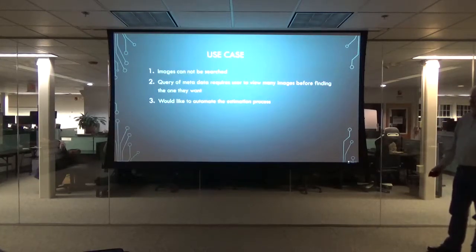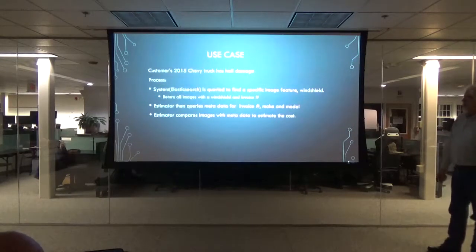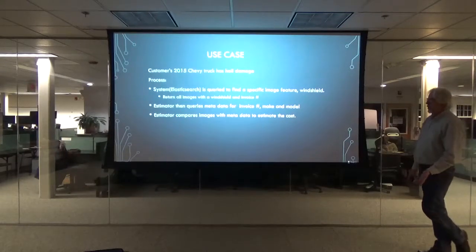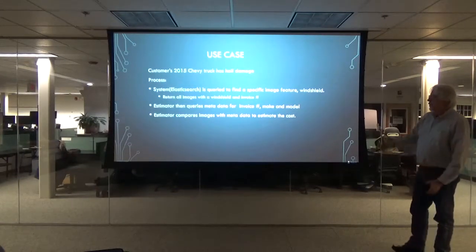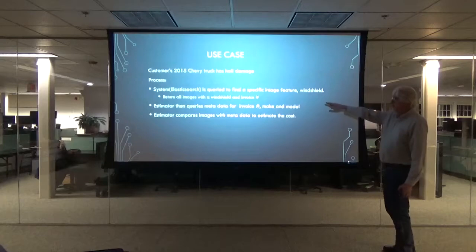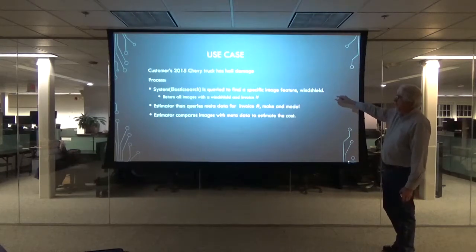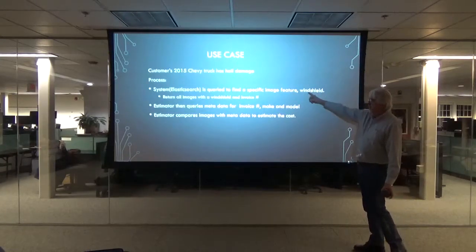And then the idea of, could we automate the estimation process? So a customer comes in with a Chevy truck that has hail damage. You do the Elasticsearch to query for a specific image of a windshield because it's hail damage.